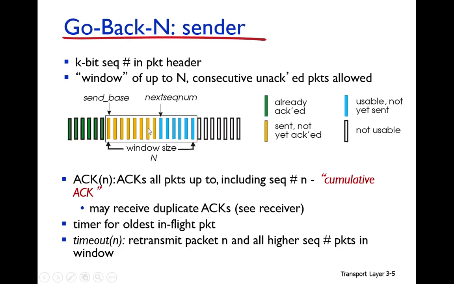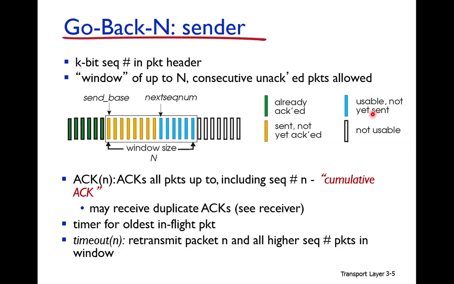Similarly the blue color indicates the packets that can be sent. The next sequence number indicates that if the sender wants to transmit the next packet, this will be its sequence number.